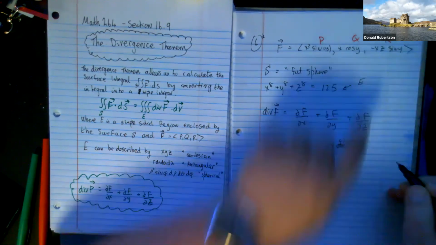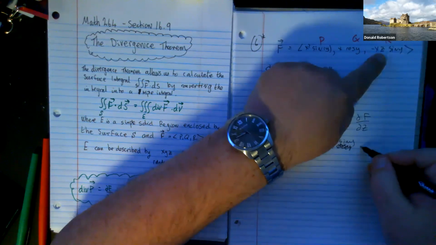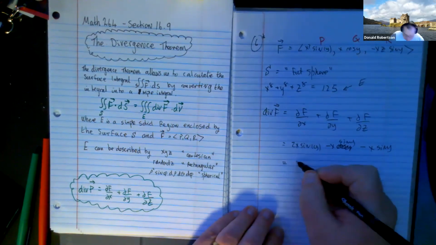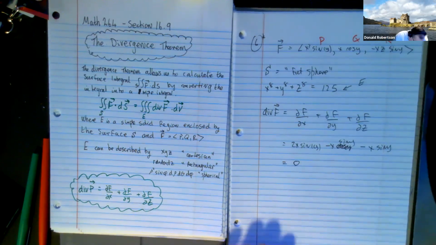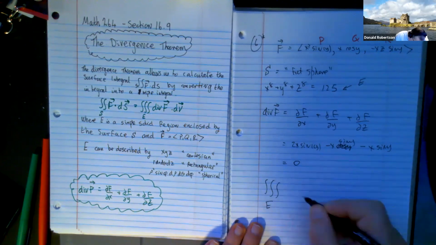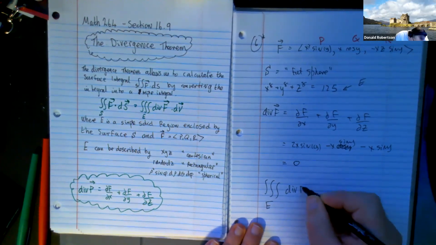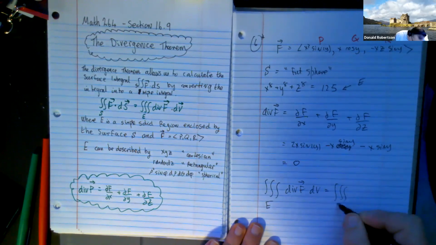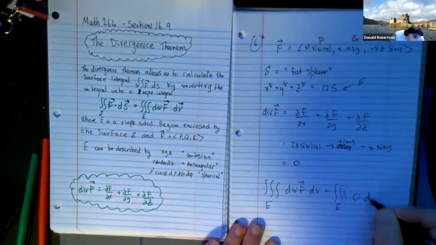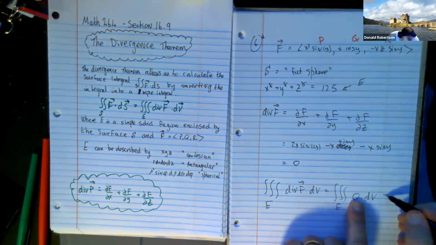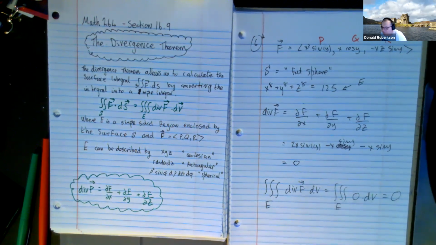And if you differentiate this with respect to Z, you get that, which means you get that. Since we are going to do a triple integral over region V of the divergence of V, do I really care what the region is? No, because if this is 0, the answer is 0.